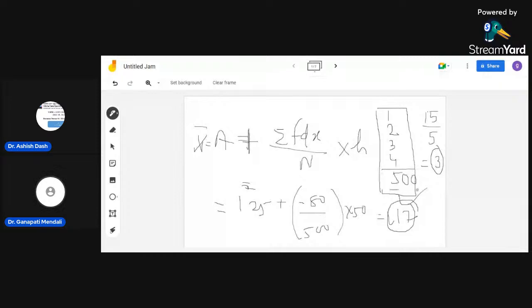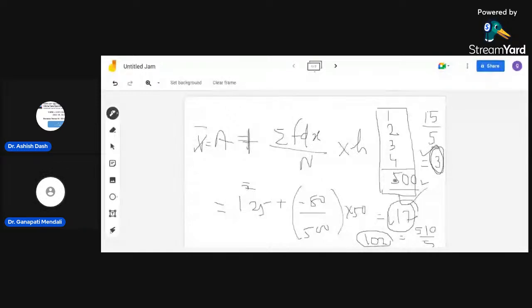If one value is 500, then the total will be 510. If we add all these, 510 by 5 is 102. So that means it is unduly affected by the extreme value. In the first instance, the arithmetic mean is 3 when one observation is 5.